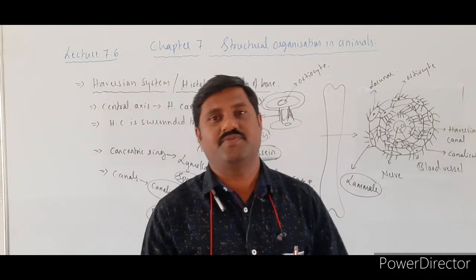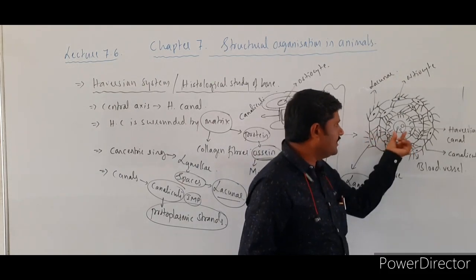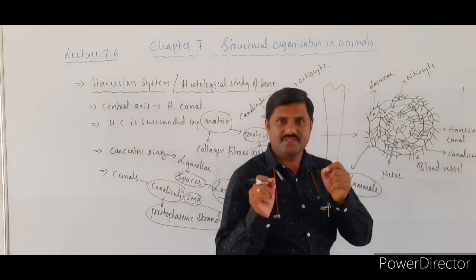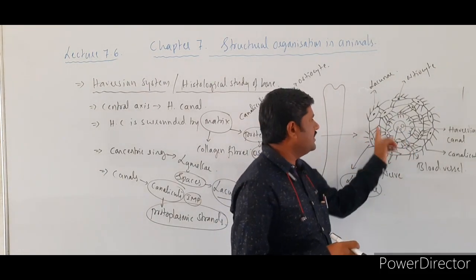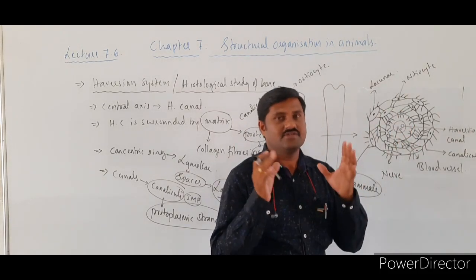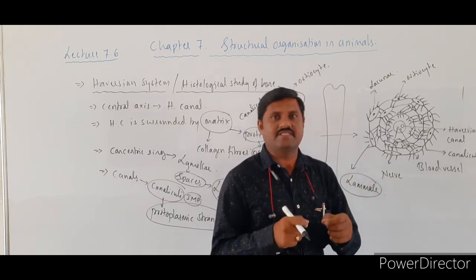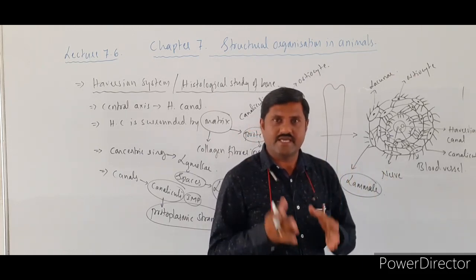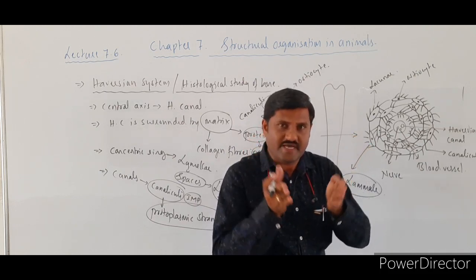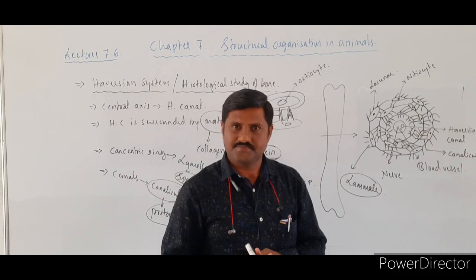And the next one, what is the next one? You came to know there is a central axis called the Haversian canal and concentric rings called lamellae. In the lamellae, spaces called lacunae, and lacunae are interconnected with canaliculi, and through the canaliculi the protoplasmic strands are made between two osteocytes.